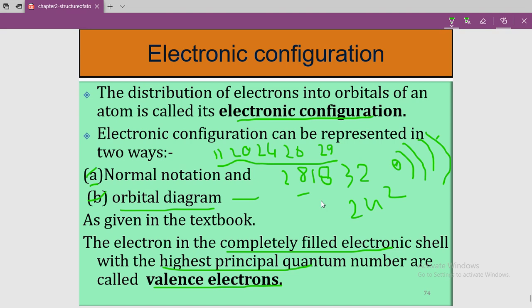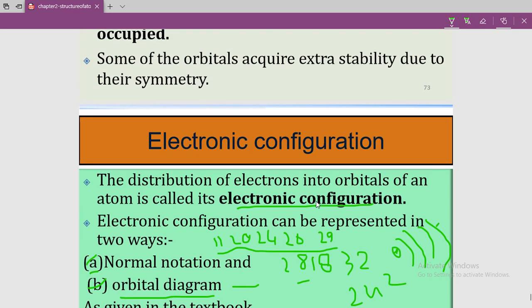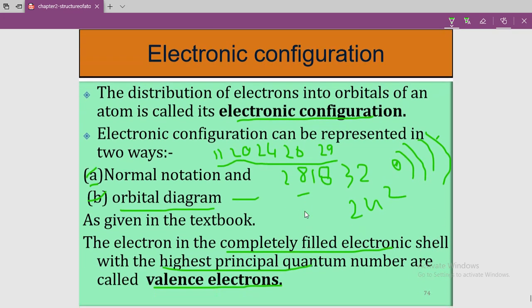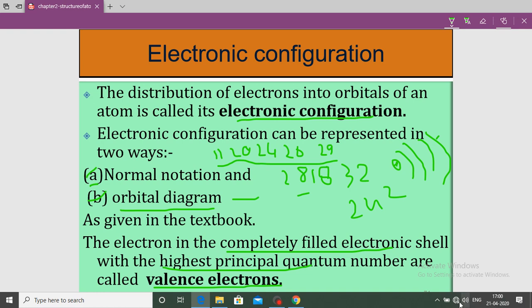All these properties we know with the help of electronic configuration, and in that chapter you will also be aware of the use of electronic configuration in formation of the periodic table. This is an exclusive use of the electronic configuration in preparation of the periodic table.